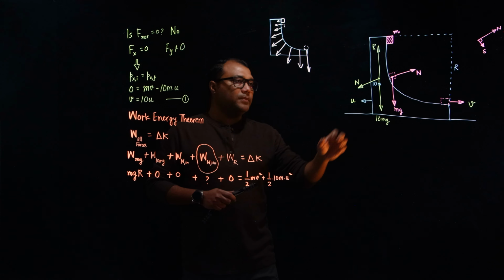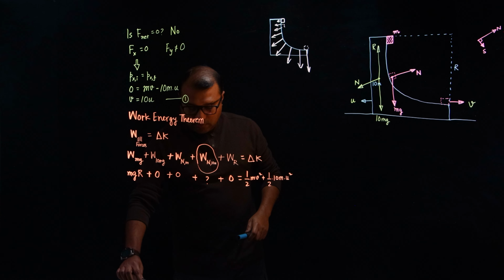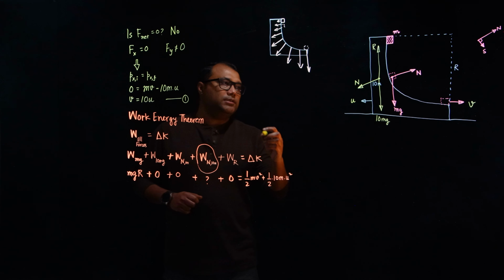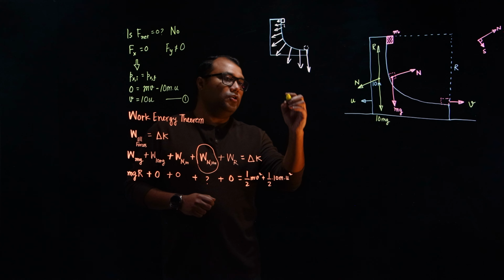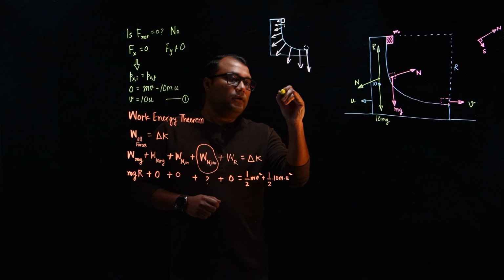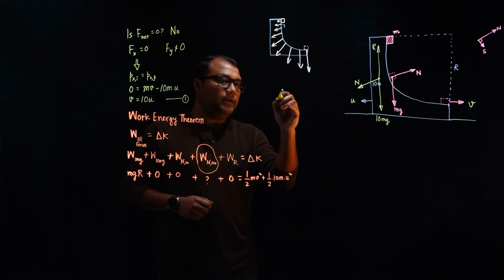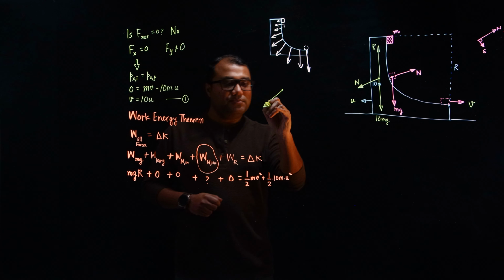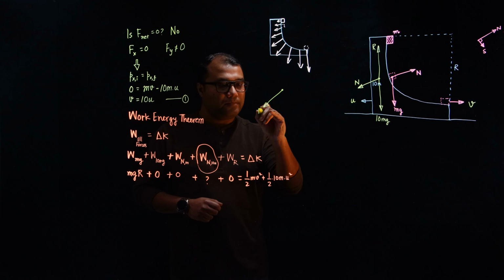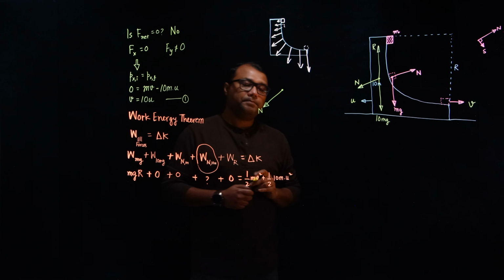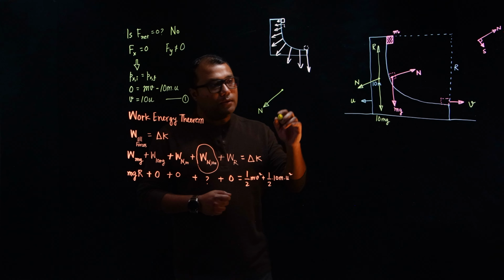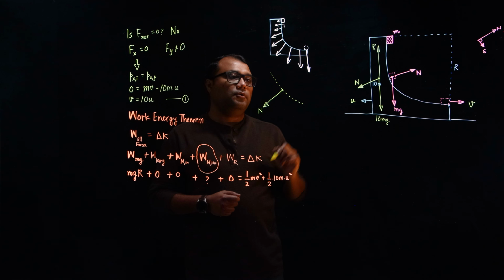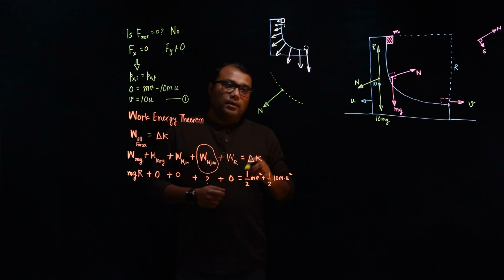Now, let's investigate this a little more closely. Let's say at any point the normal force that this 10m experiences is in this direction. So this is the part of the circle, or quarter circle.